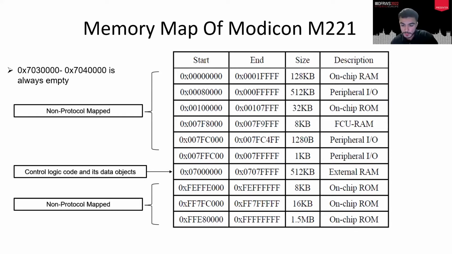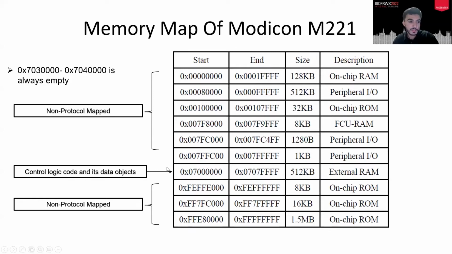As you guys can see, the only part that is accessible is this one, the external RAM, which is where the control logic code, which is the programming code the control engineer writes, and its data objects are stored. This is the only part that's accessible. Everything else is non-protocol map and not accessible. So if you try to access it, it's not gonna give you anything. So the only part that is accessible is this.